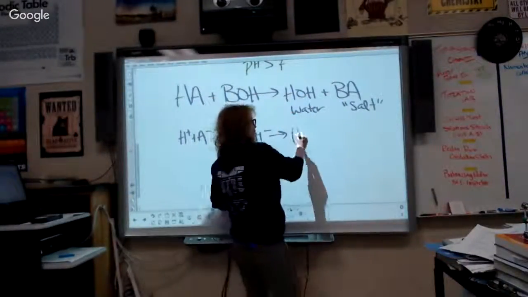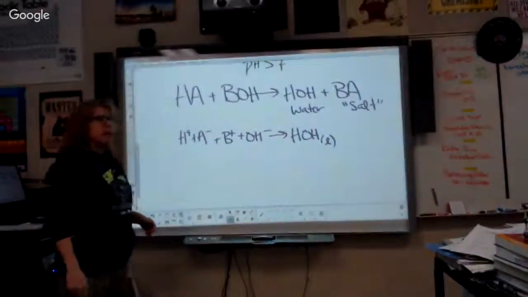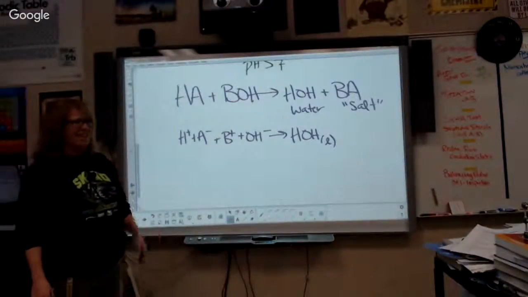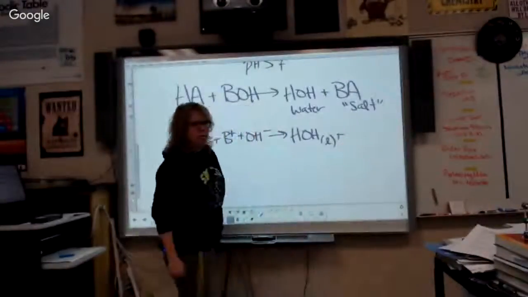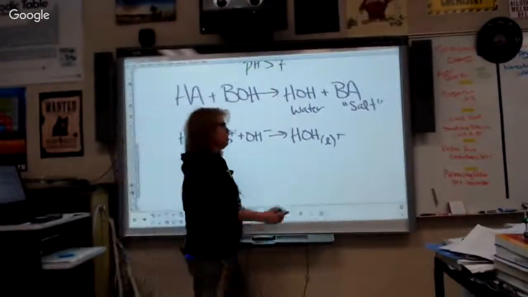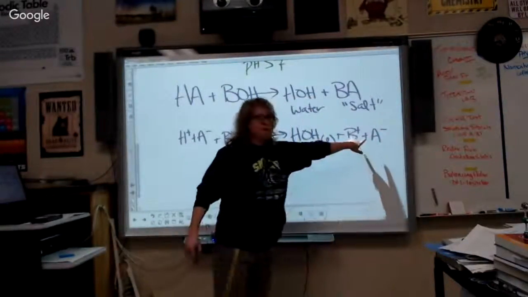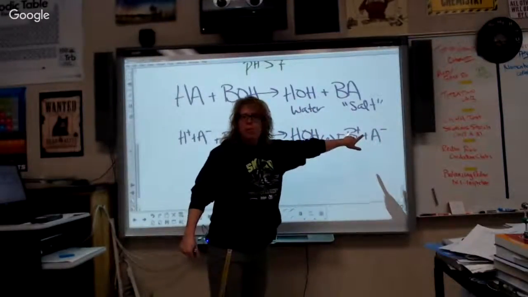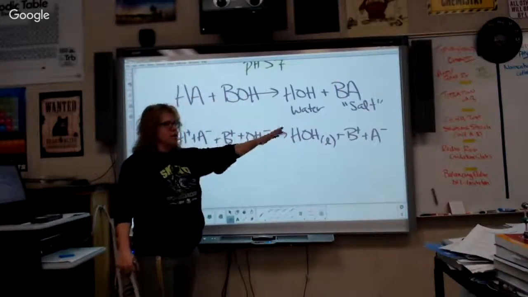Stays together. So this is HOH. Liquid is the physical state of that. It is not a precipitate, but kinda. And then B and A. Most likely, it is possible to have this be a precipitate as well. Depending on what the things are that you've got in here, you could precipitate that out, although it's pretty unlikely.